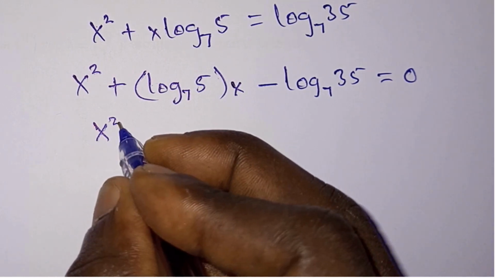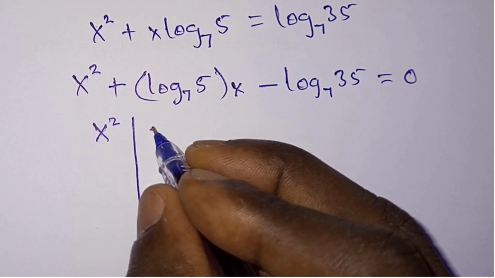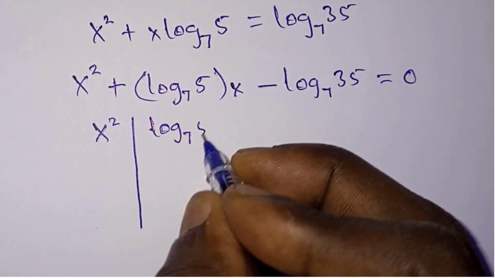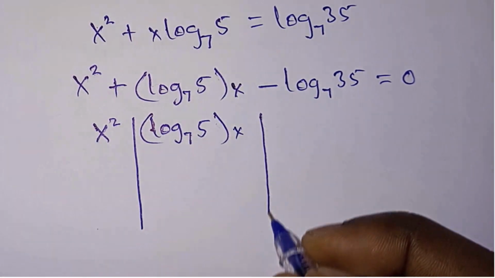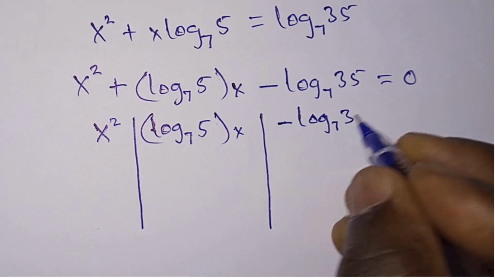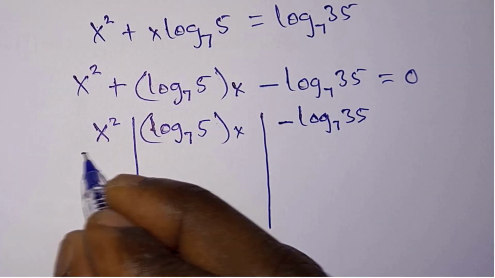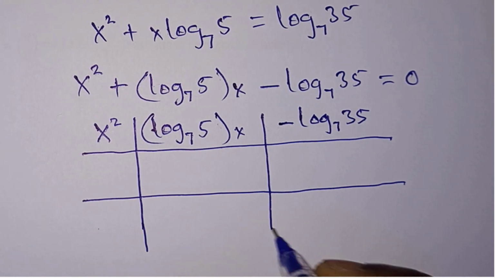So we have x squared here, then we will have this one, log in base 7 of 5 all times x, then the constant, which is negative log in base 7 of 35. So this is the table.